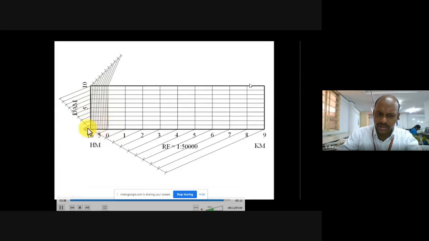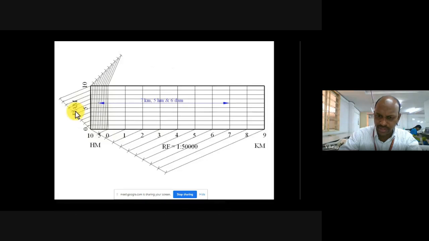Now please carefully observe. Is it visible to you? I am showing you 7 kilometer, 5 hectometer, 6 decameter.